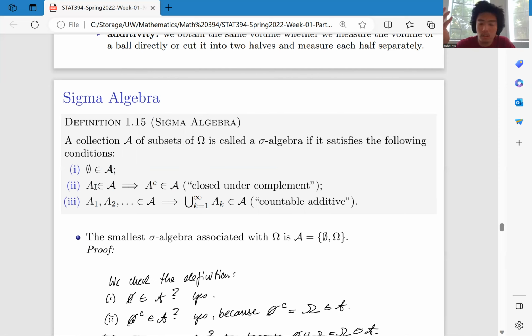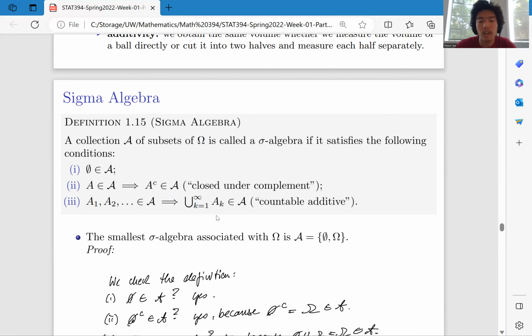The third one might at first look very hard to interpret. It says that if A1, A2, A3, maybe A4 up to A billion belong to the set we are studying, which is a collection of subsets of a certain sample space, and this notation means the union of all sets.